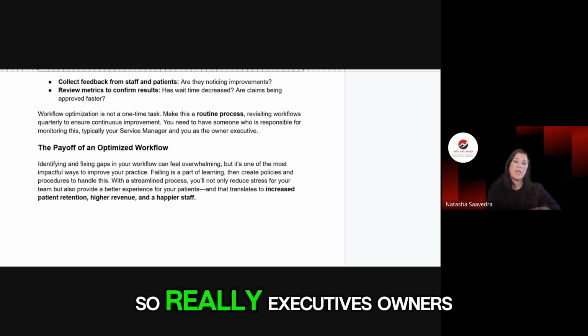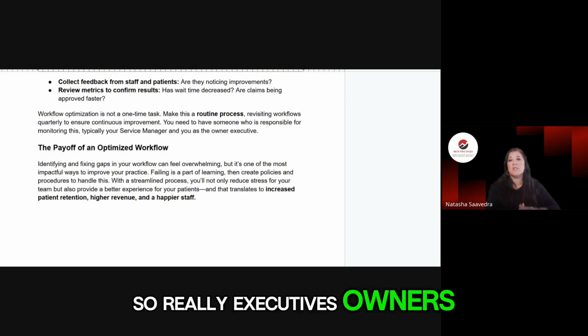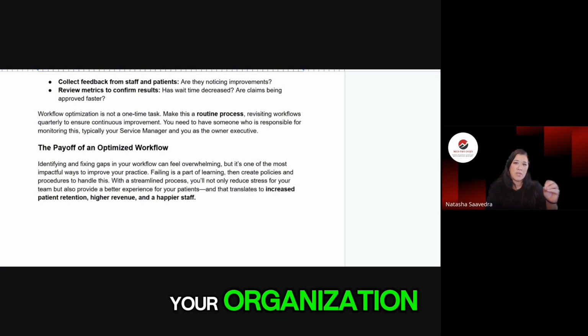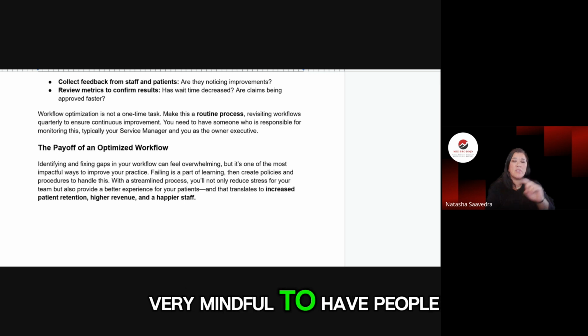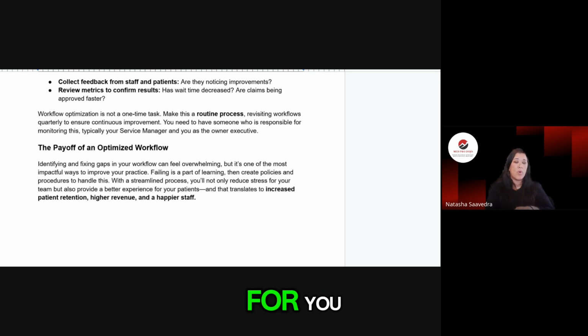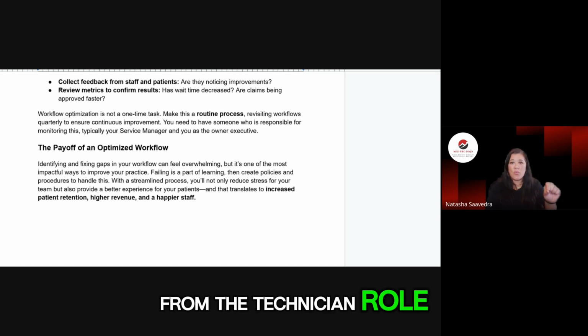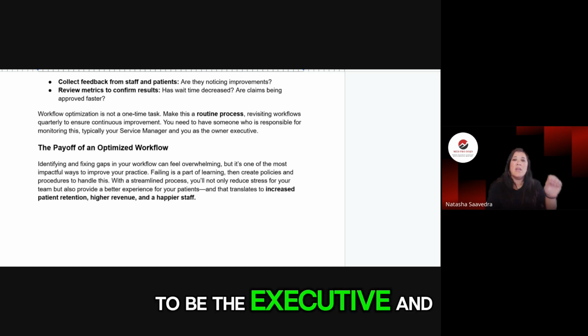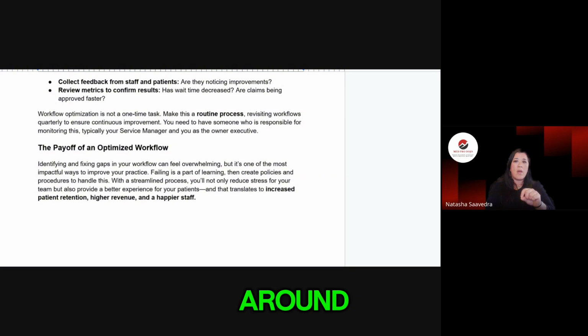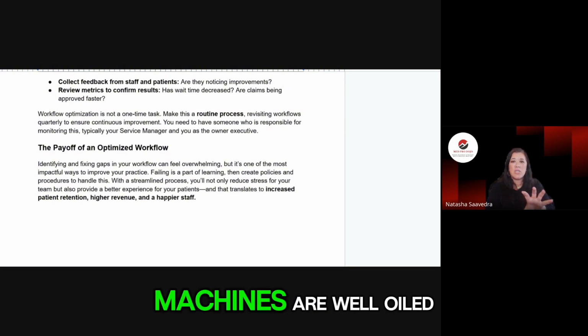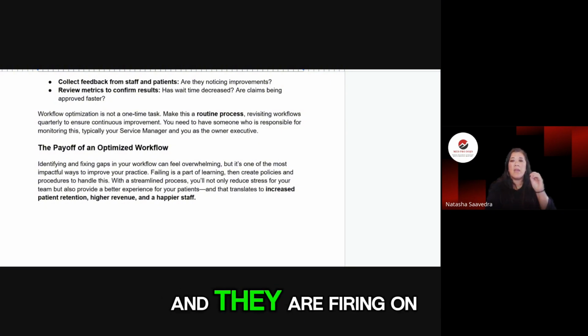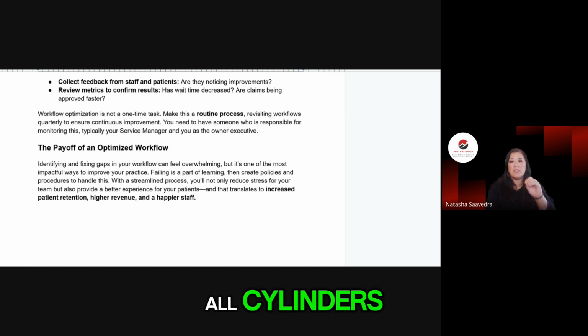So really, executives, owners, if you're a technician of your organization, be very, very mindful to have people in place to do this for you, but really free yourself up from the technician role to be the executive and make sure you can go around and that all of your machines are well oiled and they are firing on all cylinders.